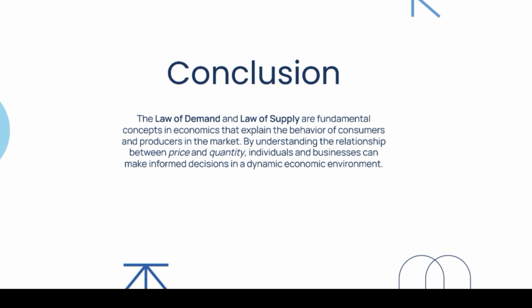So the law of supply and law of demand are the tools used by economists to analyze the decision making or behavior patterns of consumers as well as producers, so that they both can make effective and efficient decisions to give more profit and more benefit to their organizations and to their personal benefits.